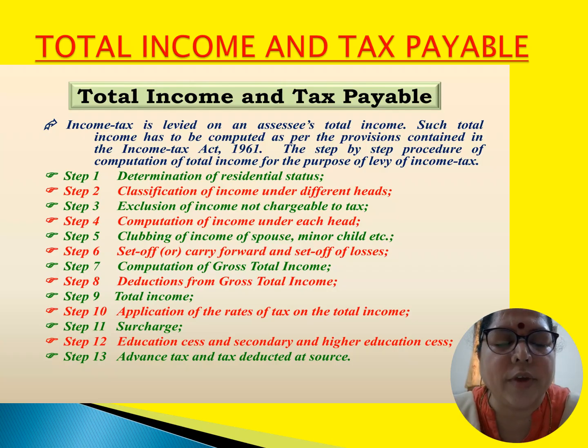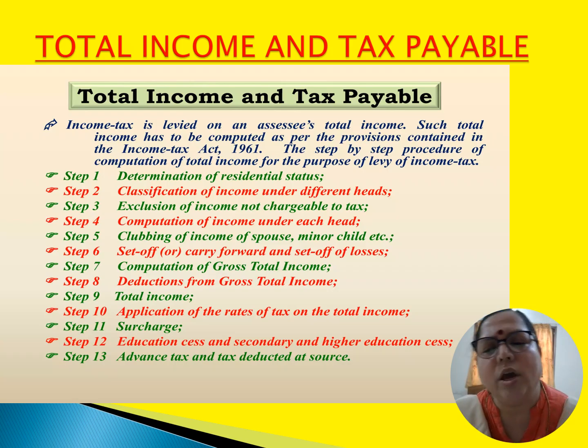So this is what we have learned right now, that income tax is levied on the assessee's total income and such total income has to be computed as per the provisions contained in the Income Tax Act 1961, and there are a few steps to calculate such tax payable. Firstly, we are required to determine the residential status of the assessee. Thereafter, we have to classify the income under different heads, whether it is salary, business or profession, house property, other sources, or capital gains.